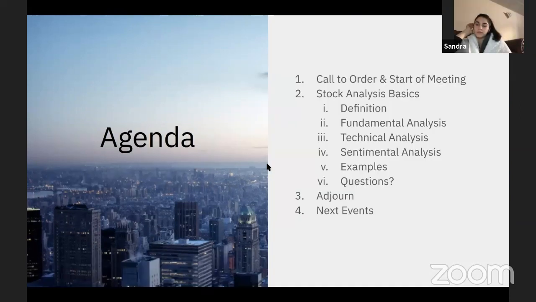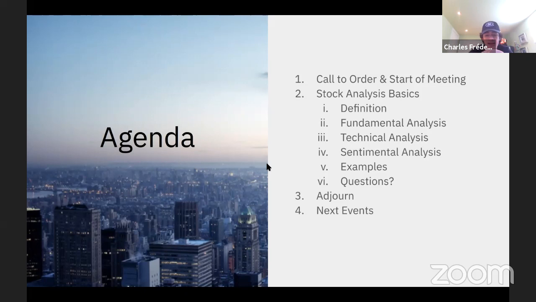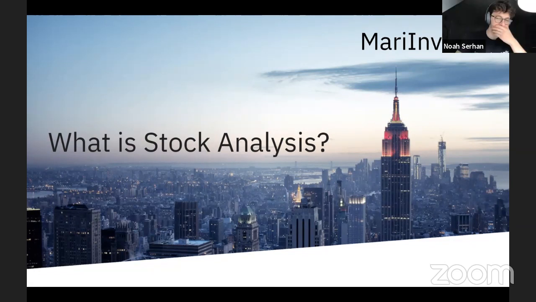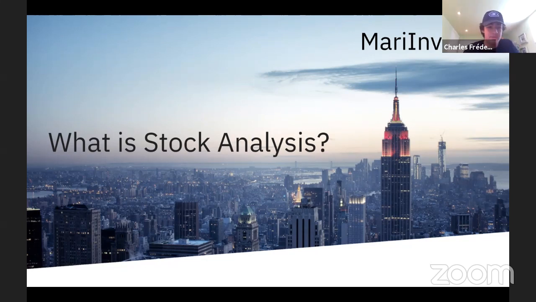Next one, yeah. Okay, so what exactly is stock analysis? Well, it says it in the term: it's evaluating a particular trading instrument or investment sector of the market as a whole. Stock analysts tend to define the future activity of what's going to happen with a certain company or a certain sector.